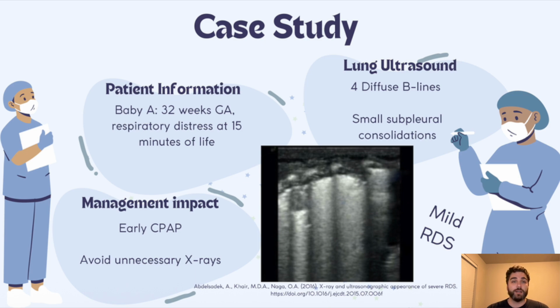Looking at this image, because there are more than 3 B lines and there's consolidation along with a little bit of that white lung sign that we were talking about before, this is showing a high likelihood of mild to moderate RDS.